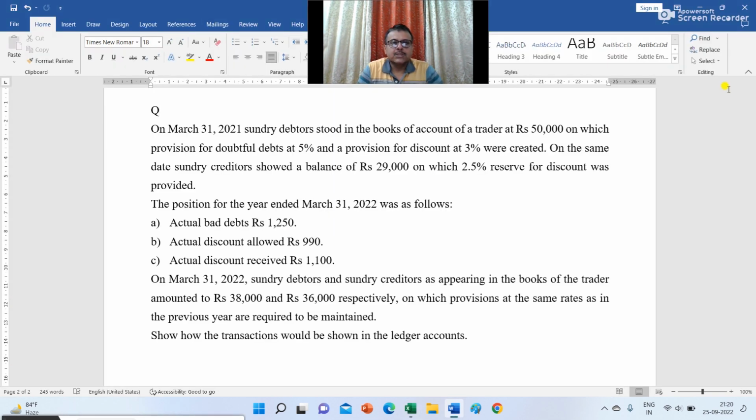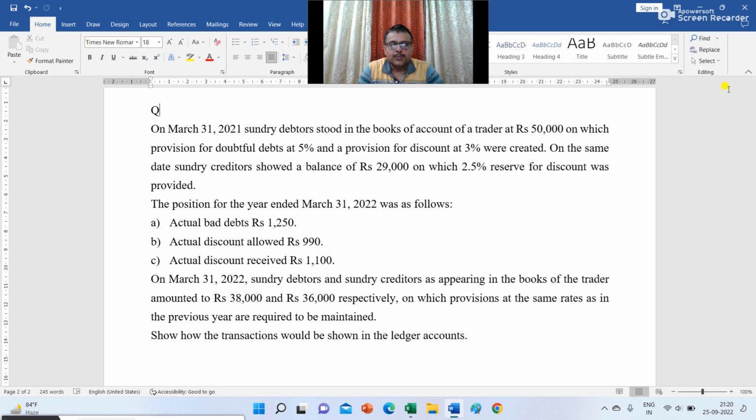On 31st March 2021, Sundry debtors stood in the books of account of a trader at rupees 50,000, on which provision for doubtful debts at 5% and a provision for discount at 3% were created. On the same date, Sundry creditors showed a balance of rupees 29,000, on which 2.5% reserve for discount was provided. The position for the year ended 31st March 2022 was as follows.